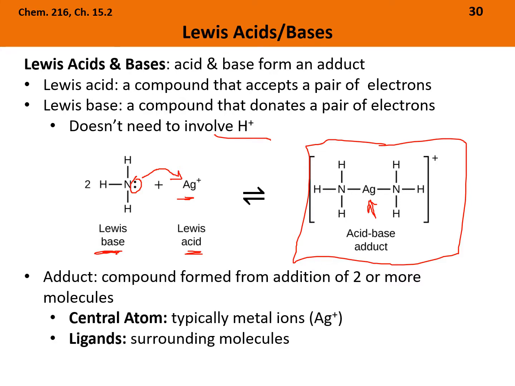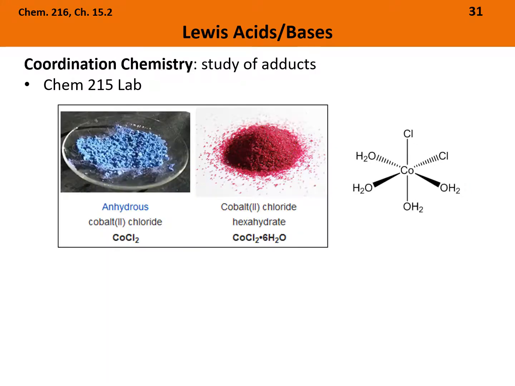All right, we often see adducts in a lot of cases involving metals. Okay, so that central atom is typically a metal, and then the surrounding molecules we often call ligands. Okay? This is a branch of chemistry called coordination chemistry.